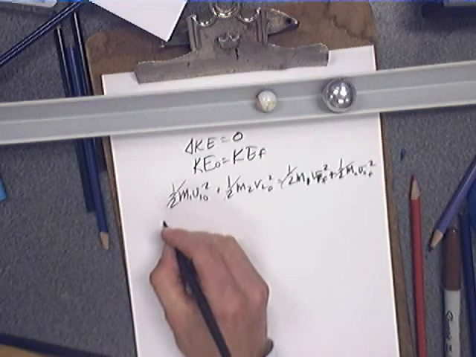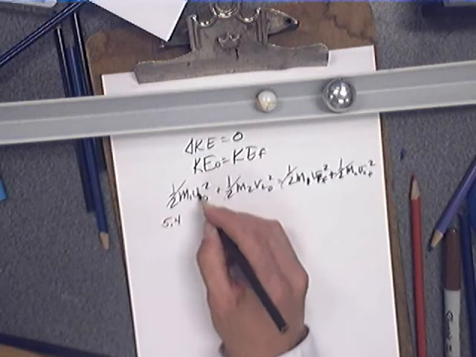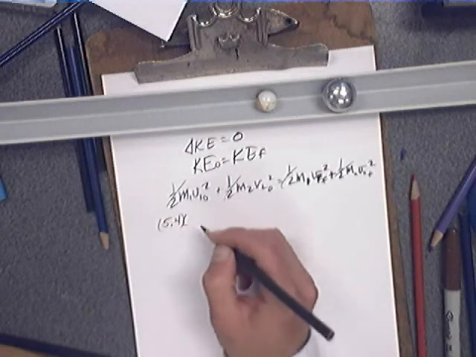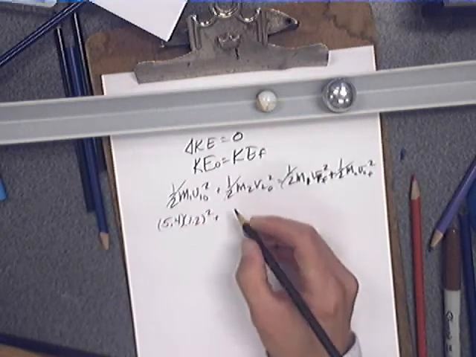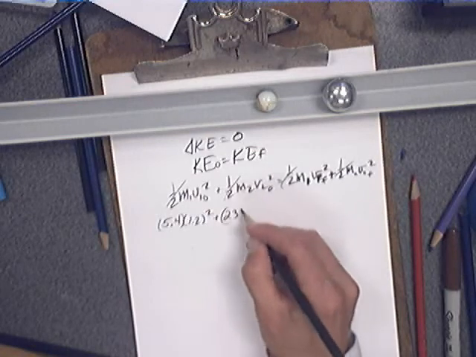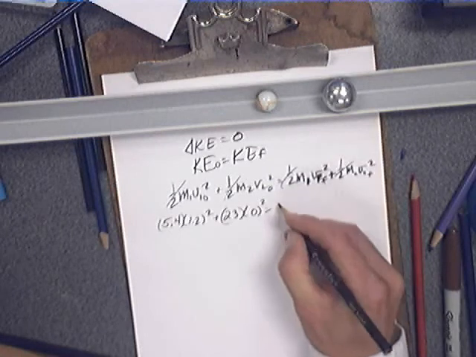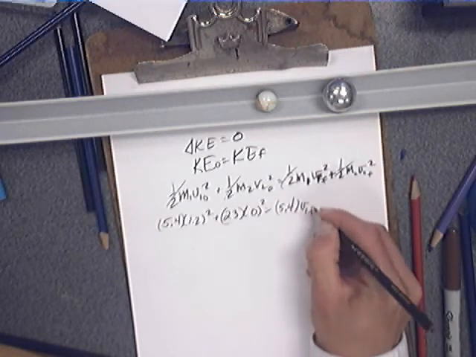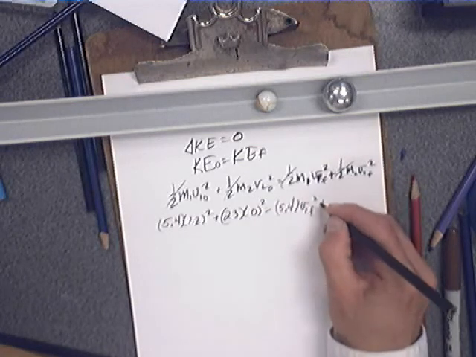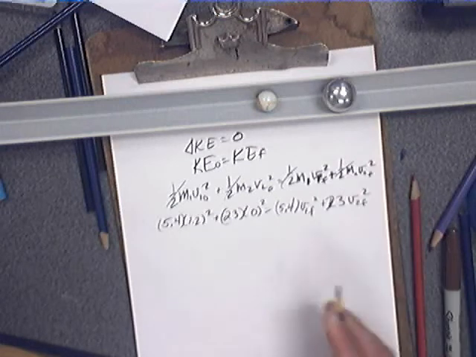Mass 1 is 5.4, my velocity 1 initial is 1.2 meters per second squared, plus mass 2, which is 23 times velocity 2 initial squared, which is 0, so at least that goes away. That equals 5.4 times velocity 1 final squared plus 23 velocity 2 final squared.